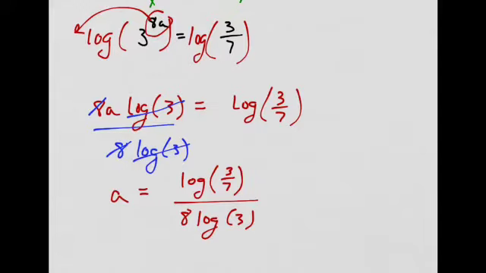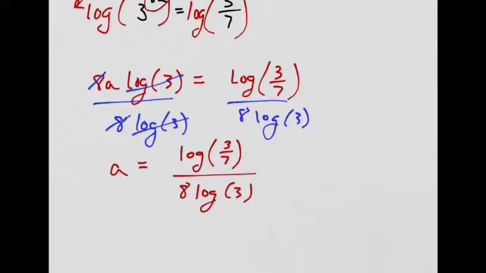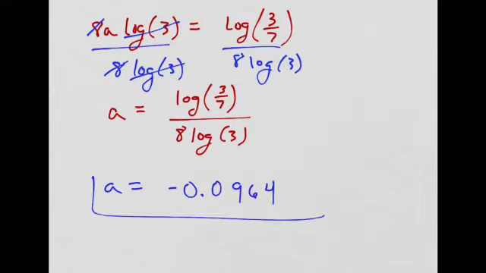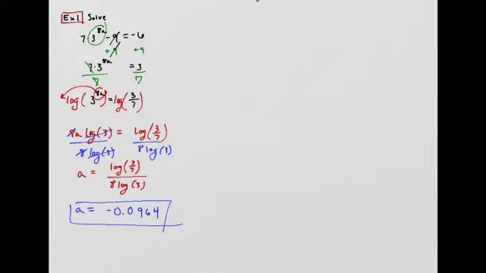I should write it on the other side. 8 log of 3. And then I just plug this into my calculator. If you do that properly, you should get a equals negative 0.0964. And there you go. That's all you're doing here.